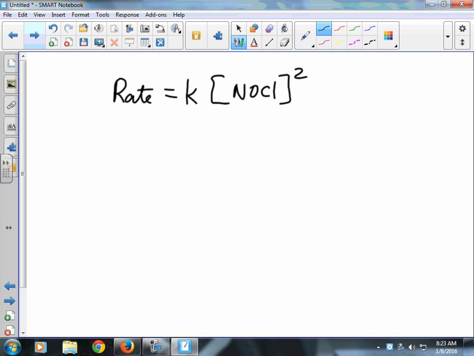If you use something different, you should come out with the same K. Rate is 6.64 times 10 to the third. Once again, this is where the units are important.